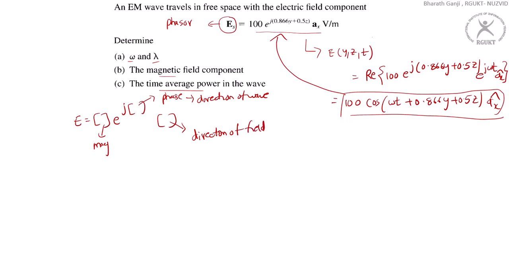From the question, I can see the field is oriented in the x direction, and because the magnitude is uniform, meaning it does not change with x, y or z, it is a uniform plane wave.